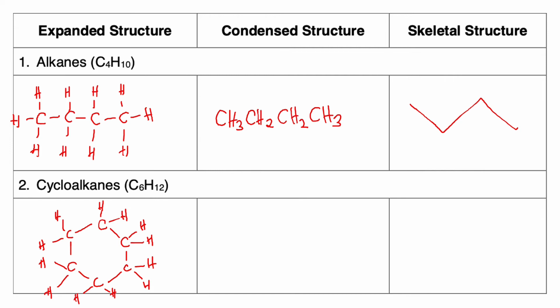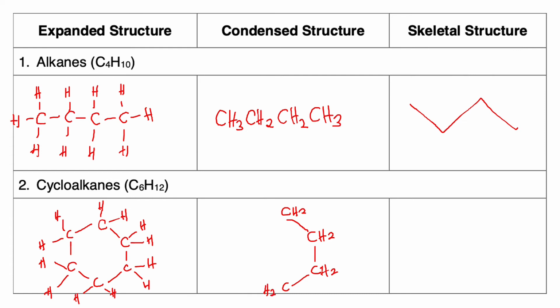Okay, condense ni kena hati-hati sikit. Memandangkan dia cyclic, kita tak boleh condense dia semua, nanti you tak nampak dia punya cyclic. So, we are going to do it like this. CH2. Okay, bond mesti dekat carbon. Carbon. CH2. Carbon. CH2. Carbon.